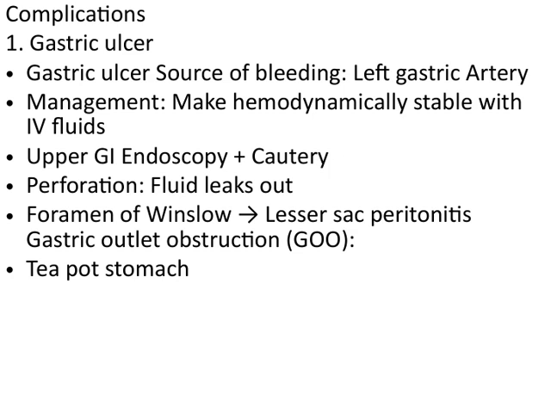Moving on to perforation, this is a serious complication where the ulcer creates a hole in the stomach wall, allowing fluid to leak out into the peritoneal cavity. If the perforation occurs near the foramen of Winslow, the leaked fluid can enter the lesser sac, leading to peritonitis in that space. Finally, gastric outlet obstruction, or GOO, is another concern.